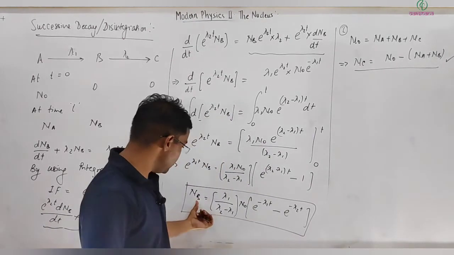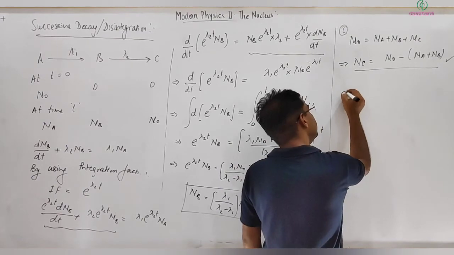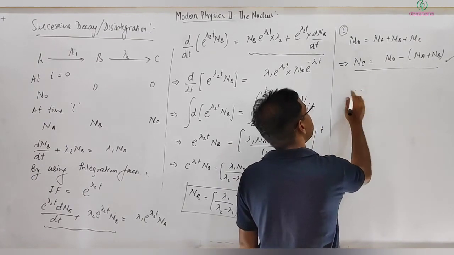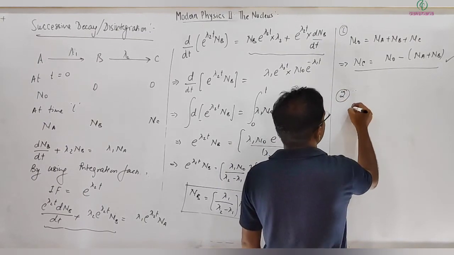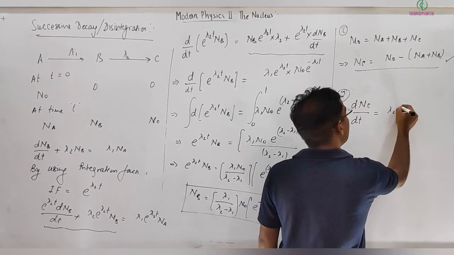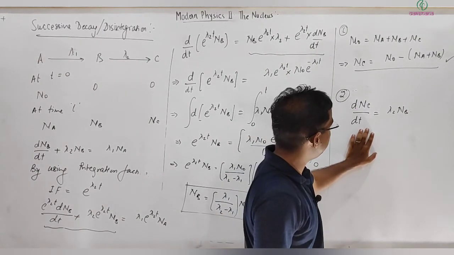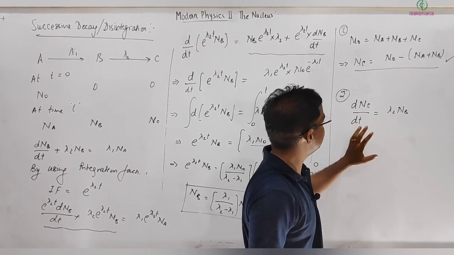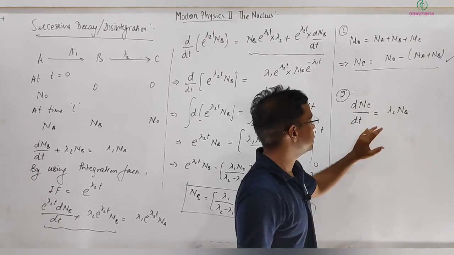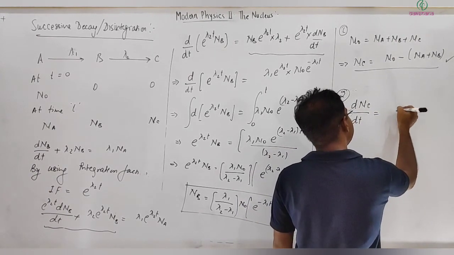Another way is, we already got NB, so we know dNC by dt, this is the second approach. dNC by dt is equal to what? Lambda 2 into NB. This is the rate of formation. Yes, rate of formation will be equal to the decay rate.